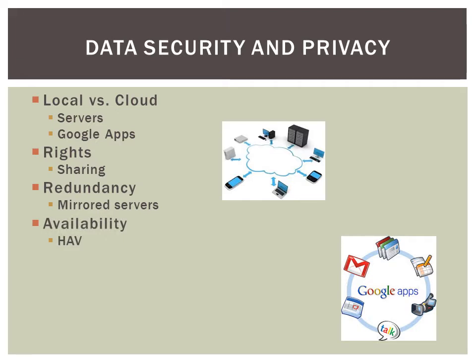And finally, the idea of availability, and HAV, which is high availability, has become really important in schools. It's interesting how this has evolved over the years. There was a time when we could go for a few days without email, or we could go for a couple of days without a file server in a school district, and that's no longer the case. Now the requirement for near 24/7 access and near 100% uptime has become pretty standard.